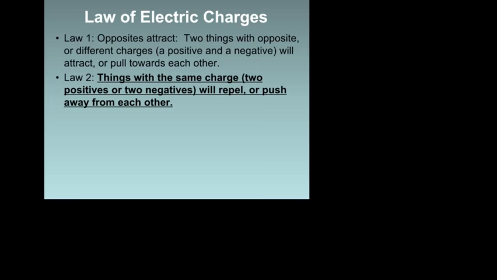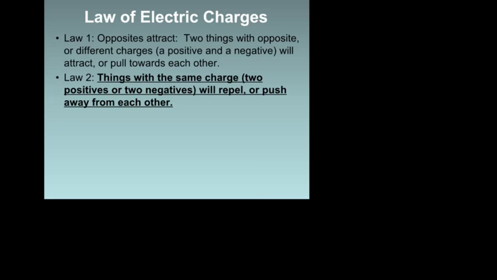They're going to pull towards each other. The second law tells us that objects with the same charge, for example, two positives or two negatives, are going to repel each other or push away from each other.